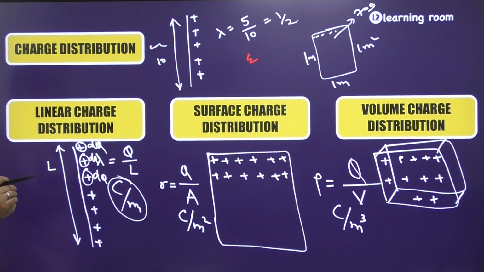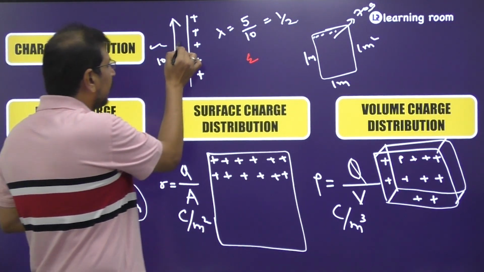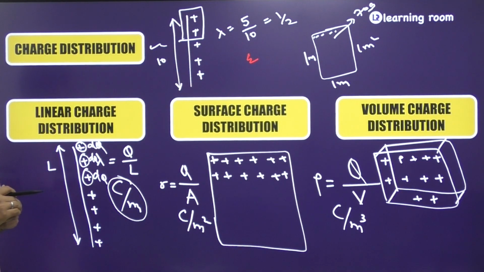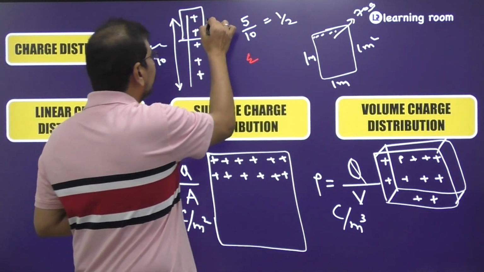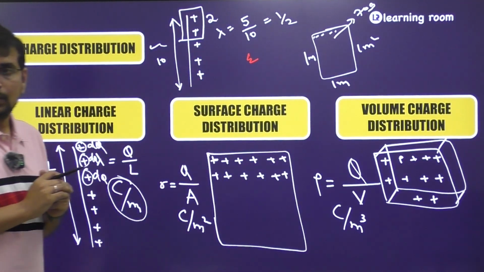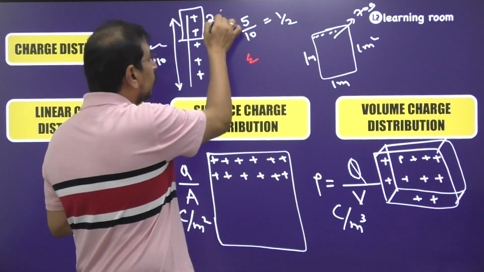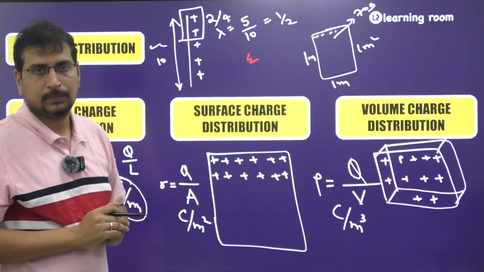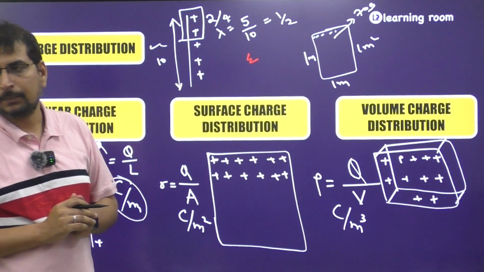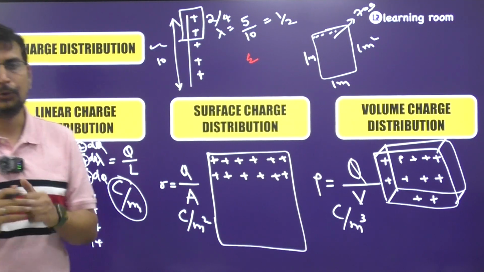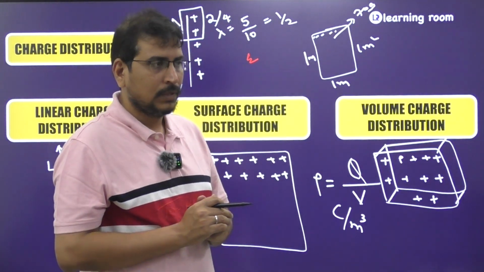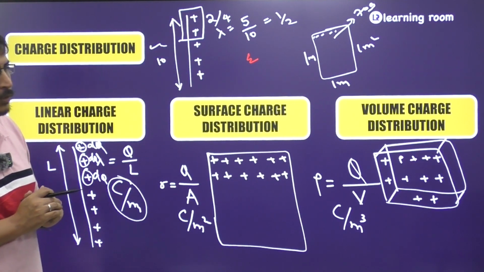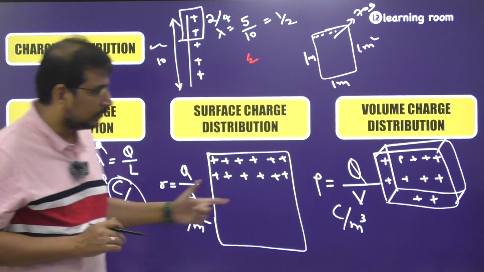Now, if I take this portion, how many charges are there? 2. Means these 2 charges should be distributed over a length of 4 units so that I get the same half. That is the meaning of uniform distribution. Am I clear with this? So here the charges are uniformly distributed throughout the length, surface or volume.